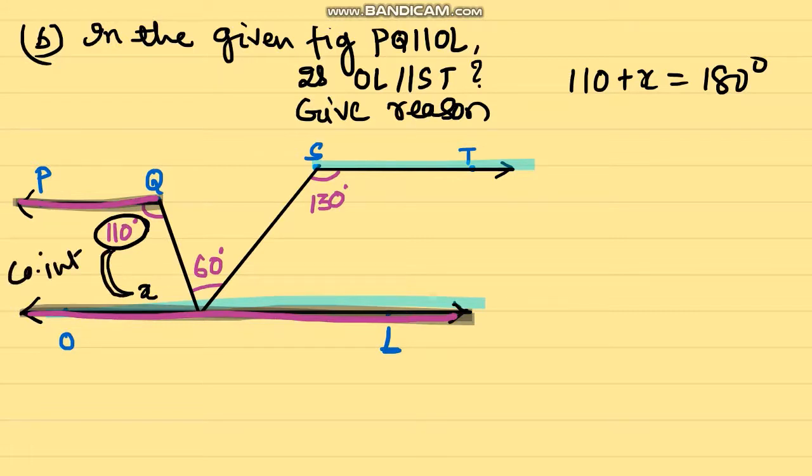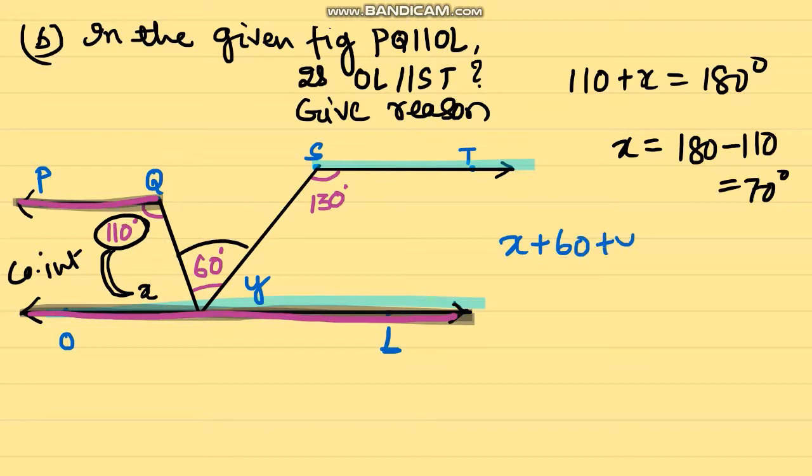Both of them are making co-interior angles. So your X will be equal to how much? 180 minus 110, that is equal to 70 degree. Okay. Now see, X is 70 degree and here you are getting 60 degree. So if you consider this angle as Y, so what will you get? X plus 60 plus Y is equal to 180.